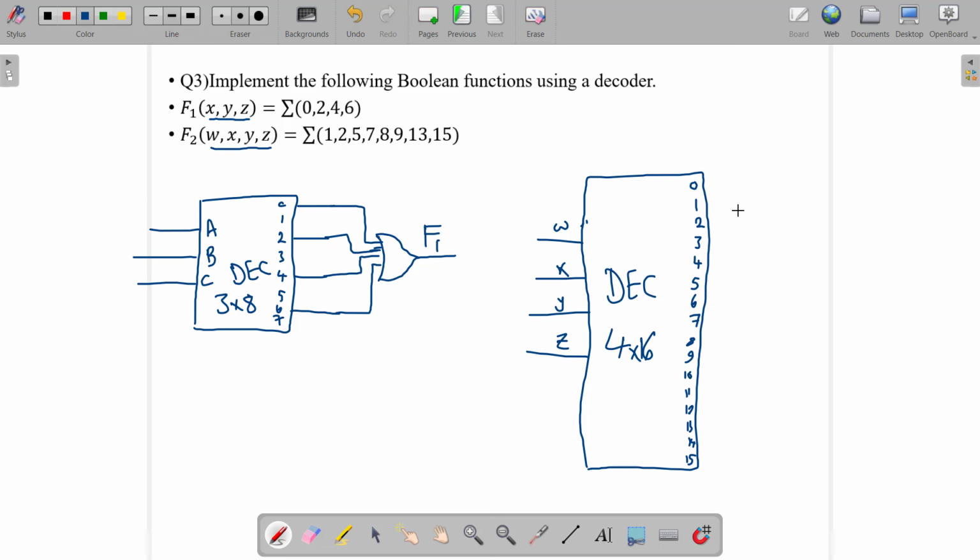You can directly connect all of them, or you can do something like that. 2/2, for example, you can do it. 1 and 2 are ORed together. 5, 7 are ORed together.